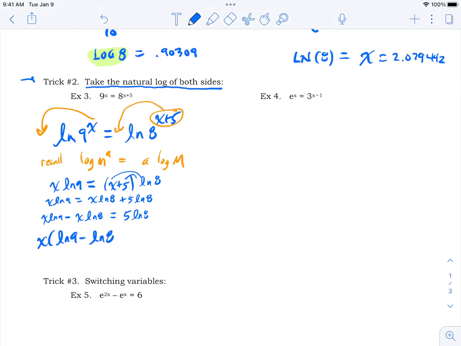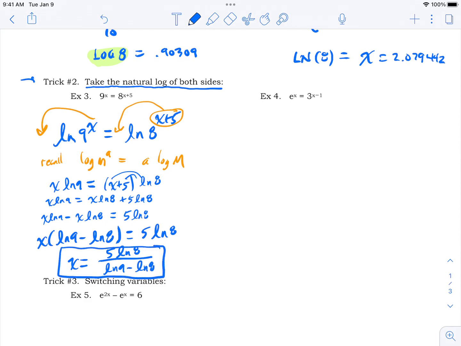That seems maybe a little more natural. So factor the x out, and you have a log 9 minus a log 8 equals a 5 log 8 on the other side. And the last thing to do is just divide both sides of the equation by that parentheses there. And so x will be 5 times the natural log of 8 on top, natural log of 9 minus the natural log of 8 on the bottom.